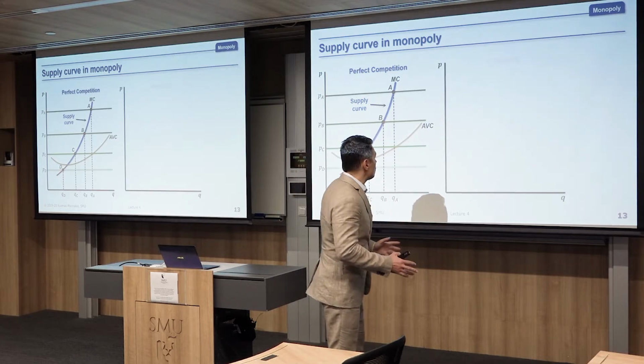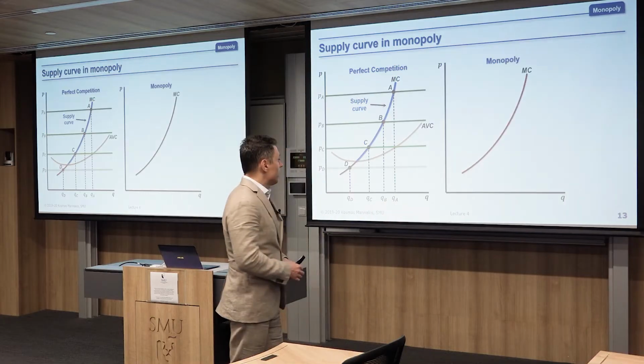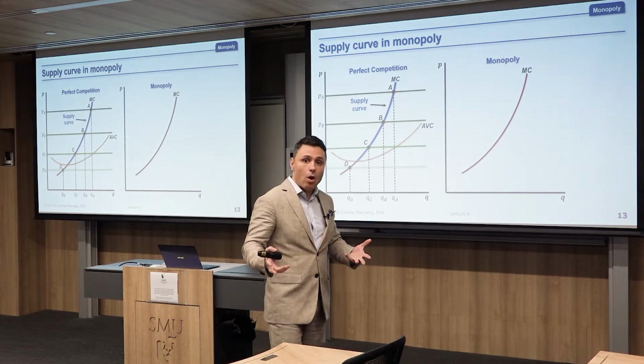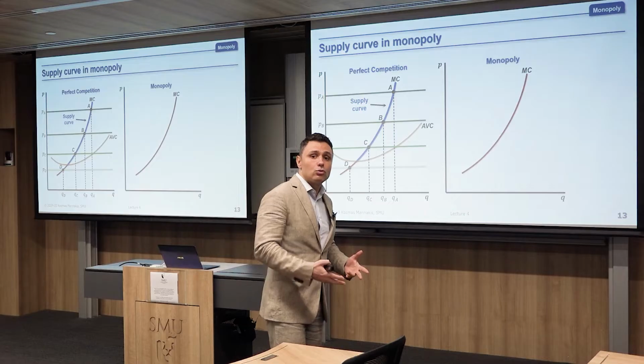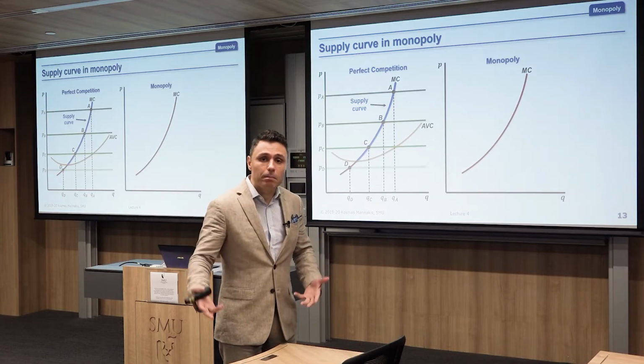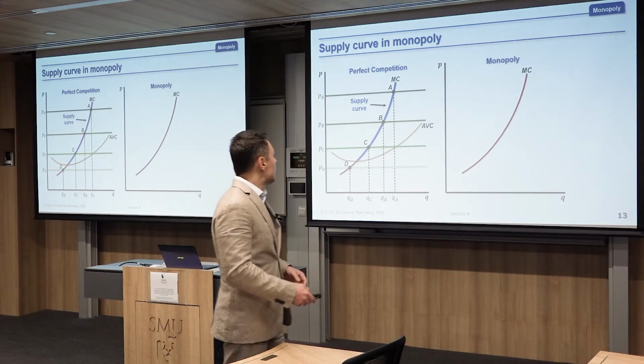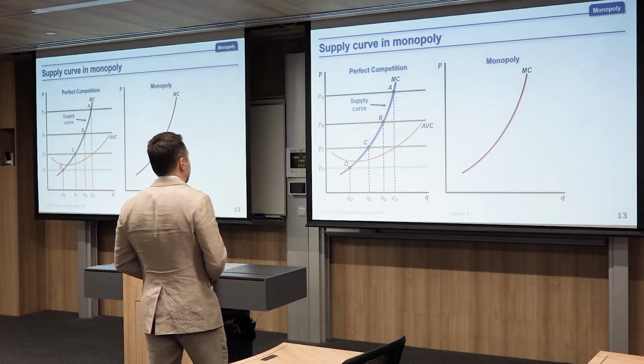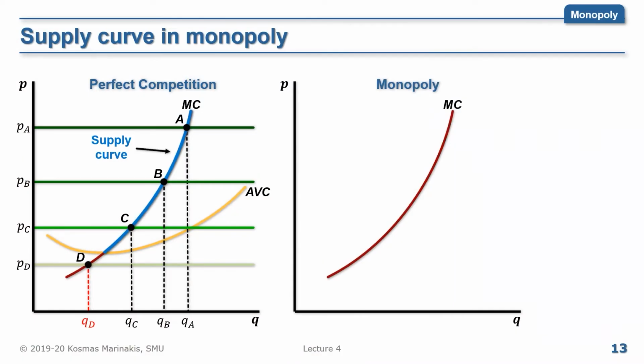Now, if I try to do the same in monopoly, let's see where this is going to show me that the supply curve doesn't exist. So here is my MC again. Now I don't need the AVC here. Let me just bring my demand, the entire demand of the market. Now I'm setting the price. I'm not a price taker anymore.